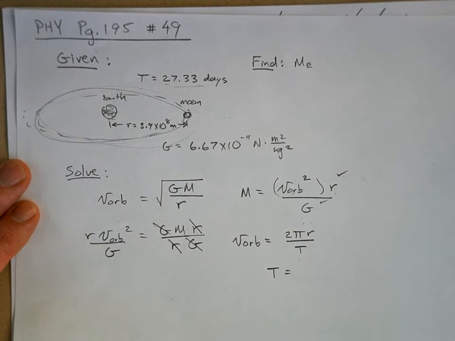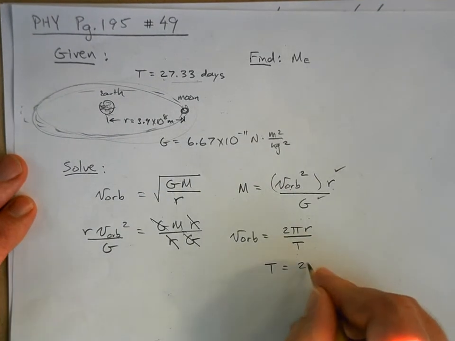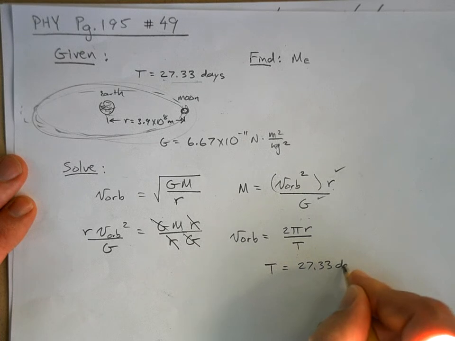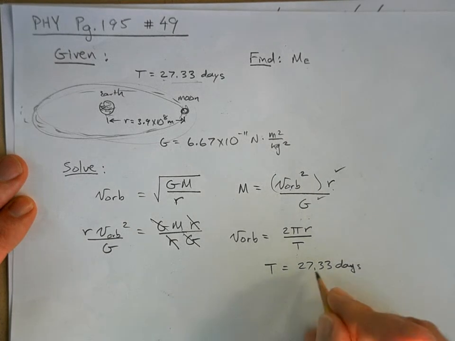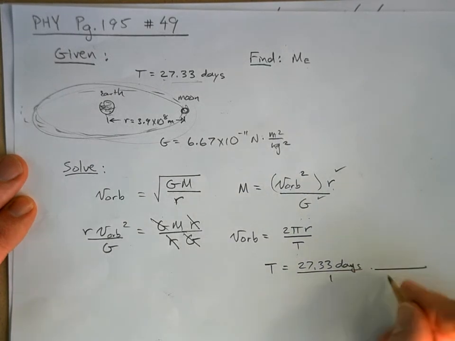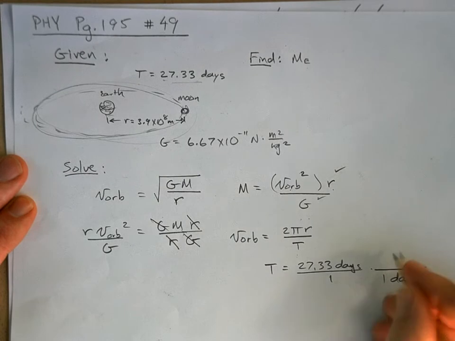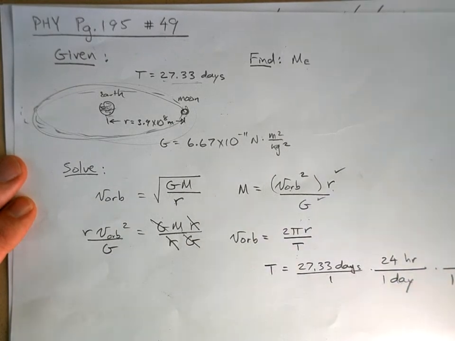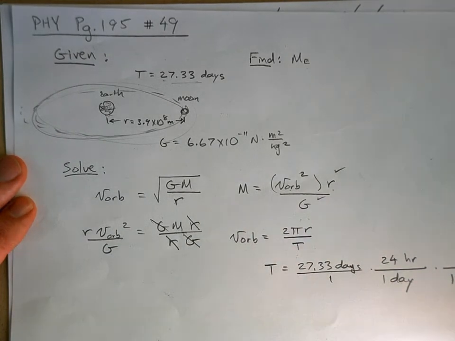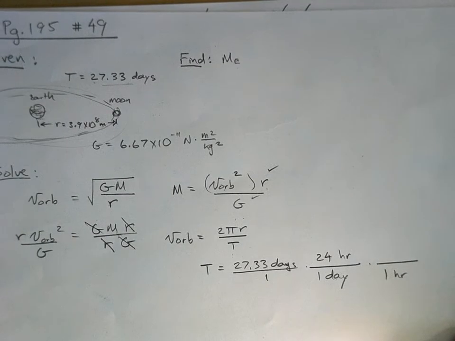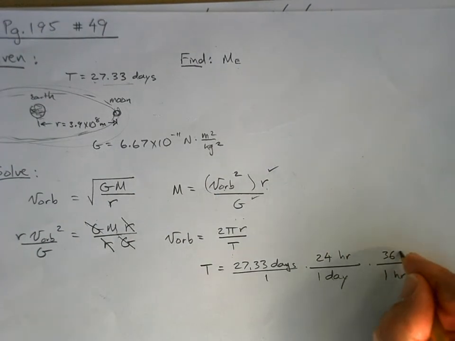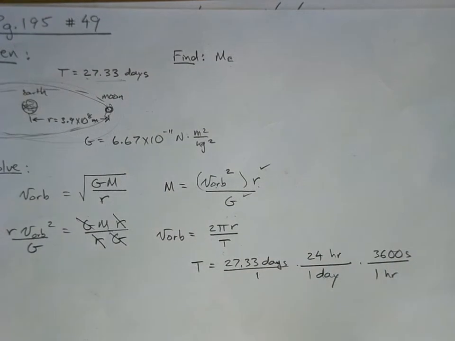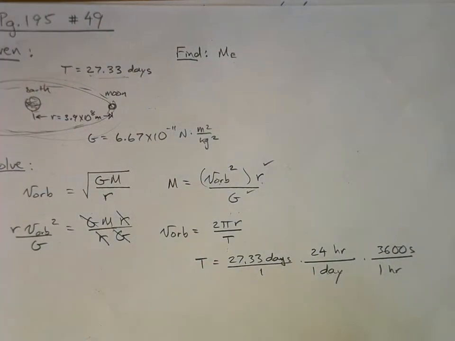The period is equal to 27.33 days. Put that over 1 day is 24 hours. Now, 1 hour is 60 minutes, and 1 minute is 60 seconds. 60 times 60 is 3,600 seconds.